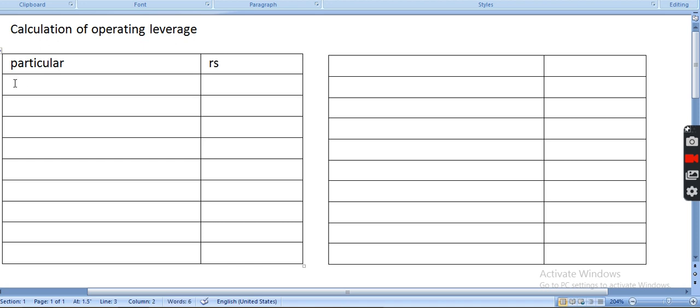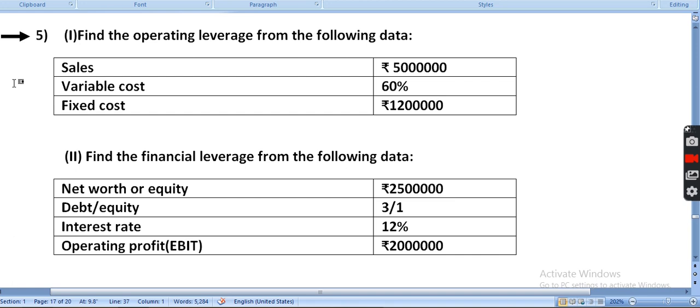First given are sales, variable cost and fixed cost. You have to remember the structure: sales minus variable cost, then you will get contribution, minus fixed cost, so you will get EBIT, earning before interest and tax. Then you minus interest, so you will get EBT, earning before tax. Then minus tax, so you will get earning after tax.